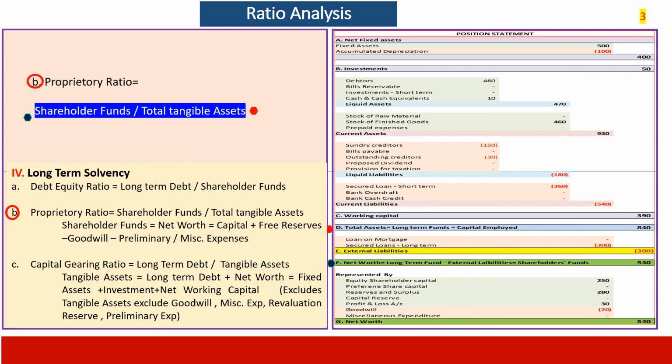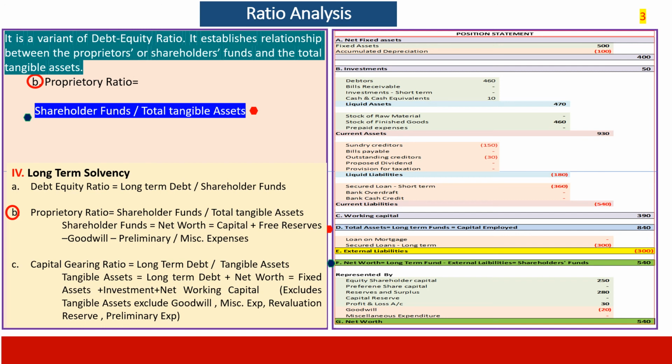Proprietary ratio means shareholders funds divided by total tangible assets. Effectively, it means how much of the tangible assets are funded by the shareholders. And it's a variant of debt equity ratio. The spirit is the same: how much you hold in the company, how much external people hold in the company.